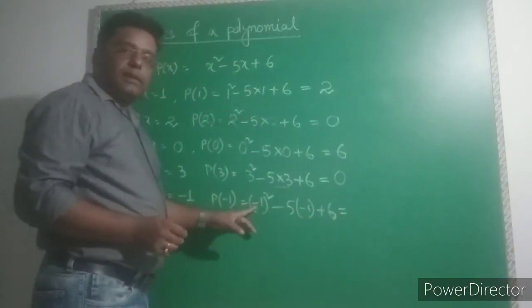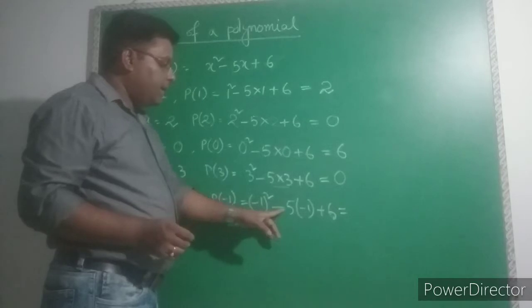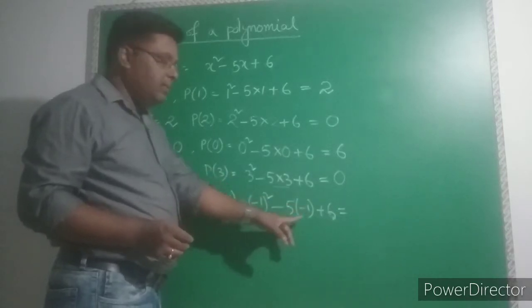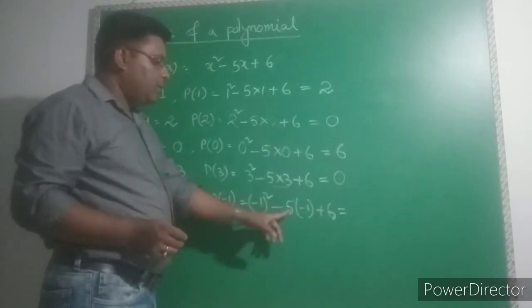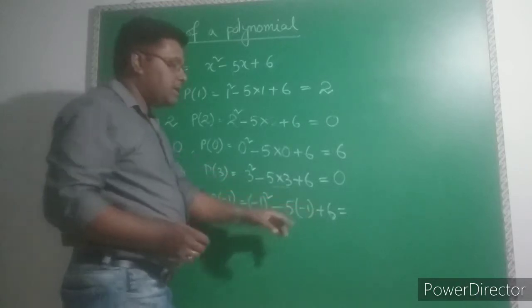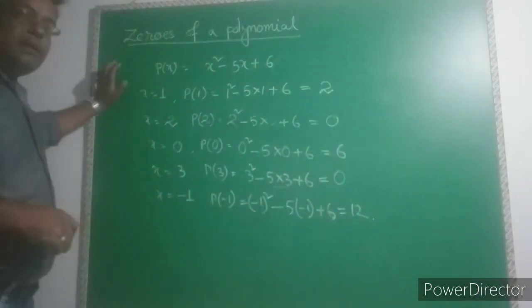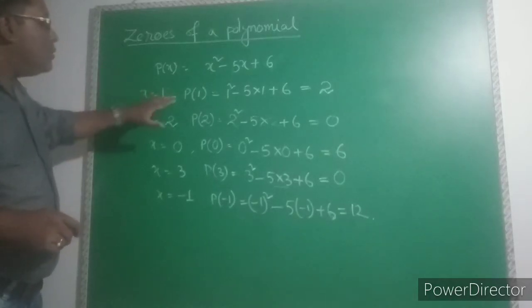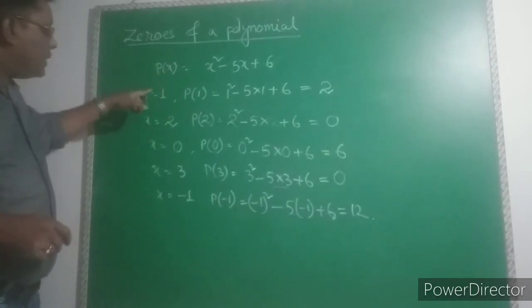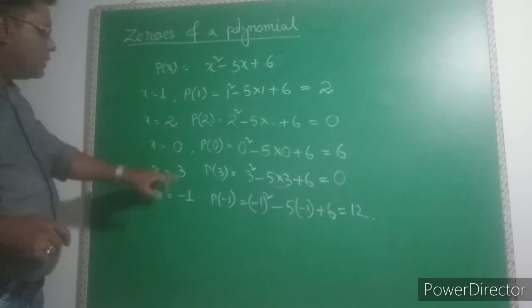Minus 1 square is plus 1, minus into minus is plus 5, plus 6. That is 1 plus 5, that is 6, 6 plus 6, 12. That is, we get the values of p(x) when we put x equal to 0, 1, 2, 3 or minus 1.